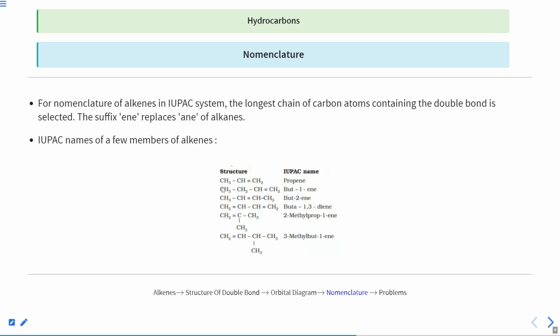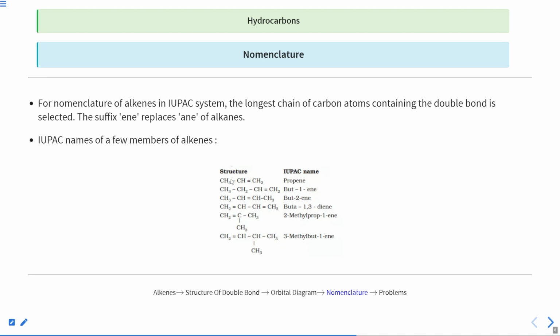What about this? It is a butane derivative. One hydrogen is removed, so we have written it as but-1-ene. I would suggest it would be more appropriate if you write it in this form. But why here is it not written prop-1-ene? Because if you keep this double bond on this side or on that side, it results in the same name.